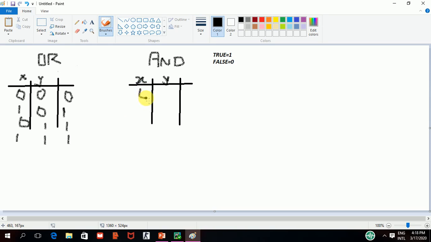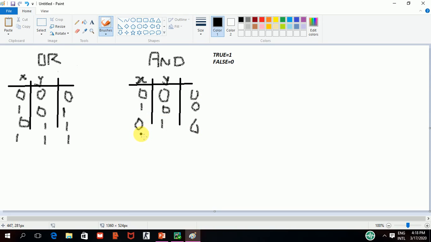I will again take the same condition, which is false on both sides. In the AND operator, if both conditions are false, the result is false. Now if one condition is true and the second is false, it is again false. If the first condition is false and the second is true, it is again false, which is 0.